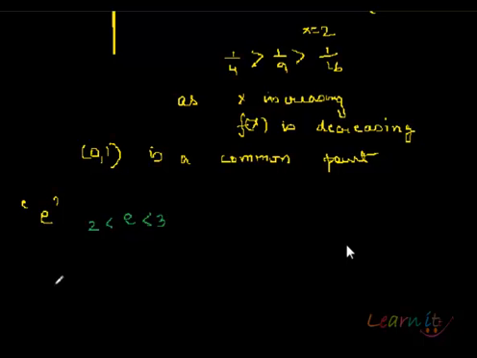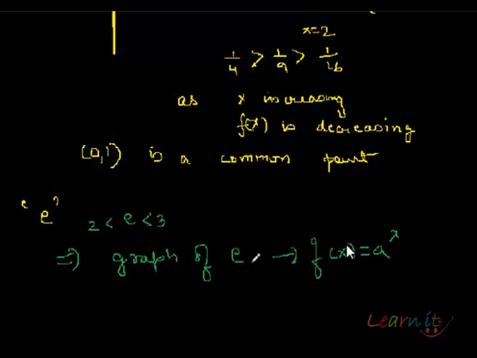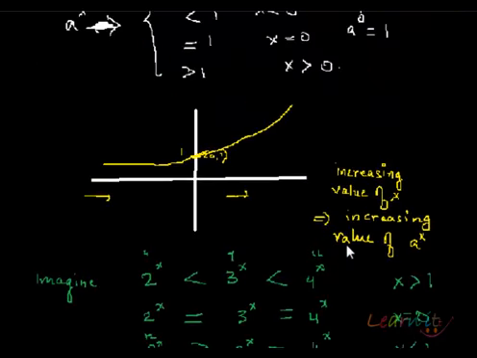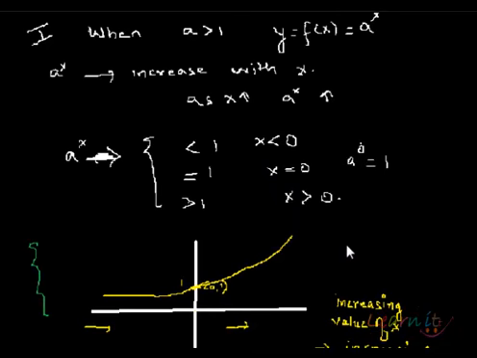Therefore, the graph of e to the power x will be in fact identical to a to the power x for a greater than 1, the earlier one, where the values of the function were increasing with x increasing. So an increasing graph. e is between 2 and 3, so it is strictly greater than 1.